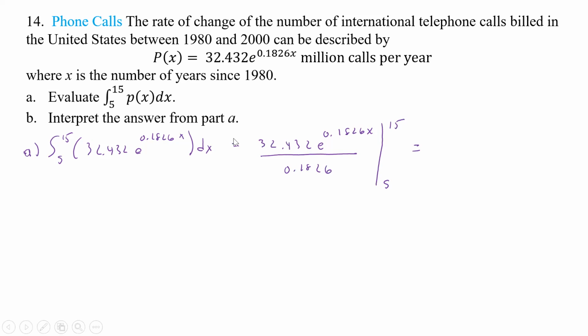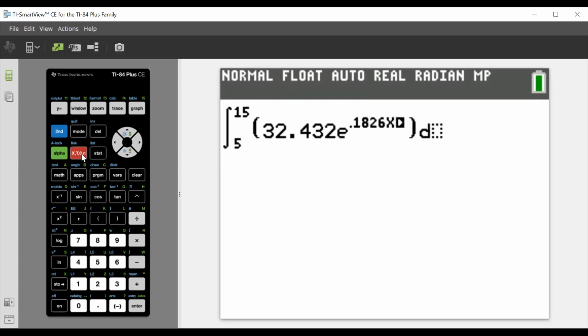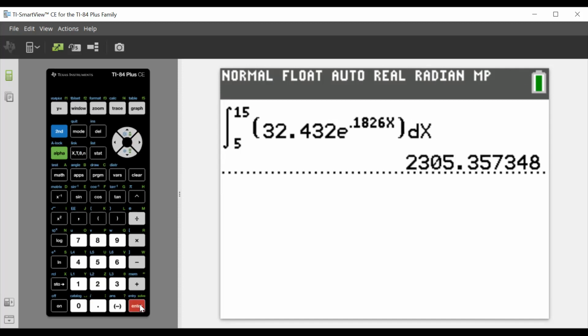Whereas if we do it the other way, we can just say math 9 from 5 to 15 of, and now we plug in our 32.432 e to the 0.1826x, and then we go down and we have another x, and then we hit enter, and we get 2305.357.